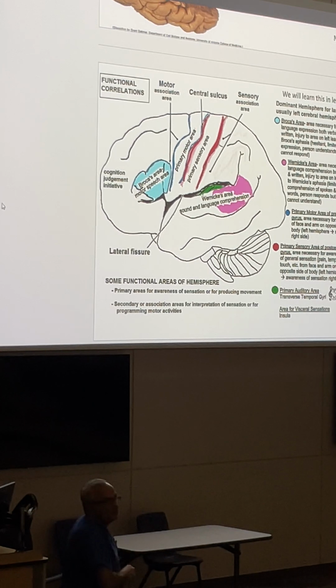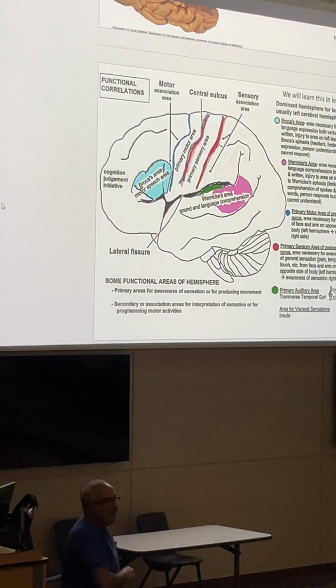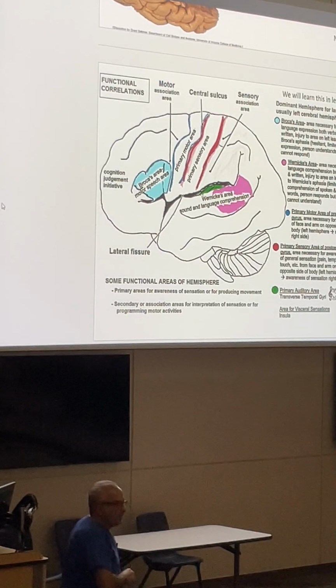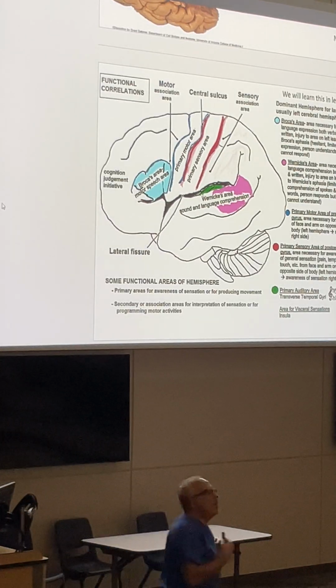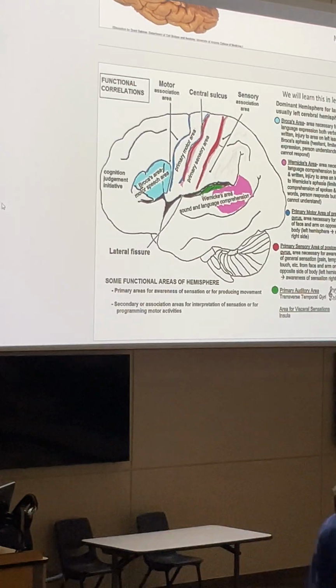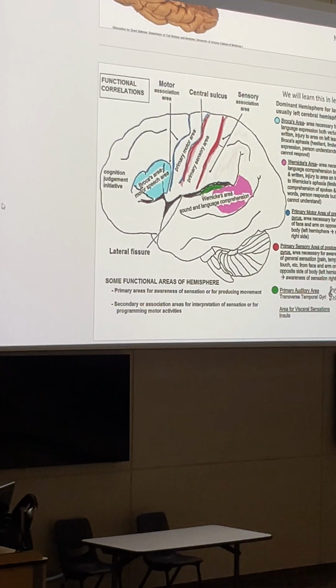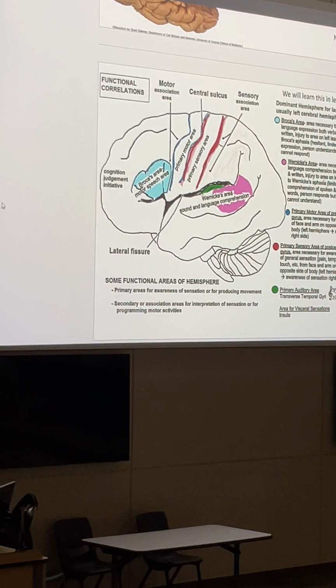So make your life easier. Any language deficit is going to take place. I cannot talk properly. As your patient sits in your chair, they mumble, they cannot pronounce properly. That results from the motor and premotor control of the language or speech. Understanding, comprehension of the language and the sound, is Wernicke's.